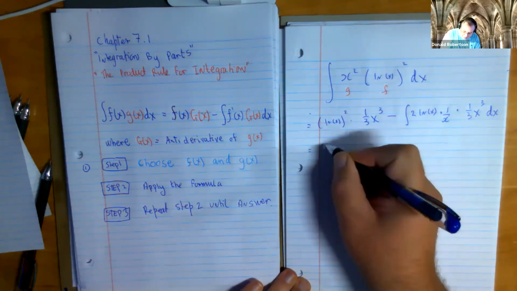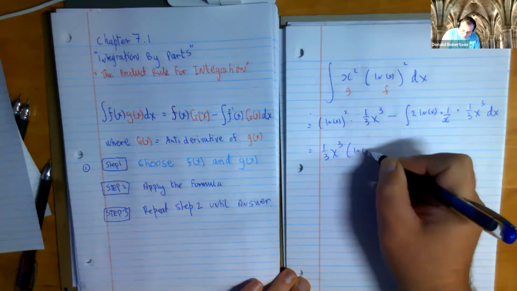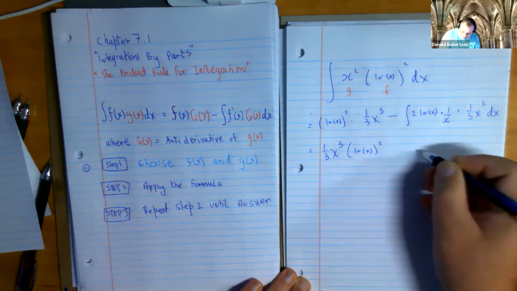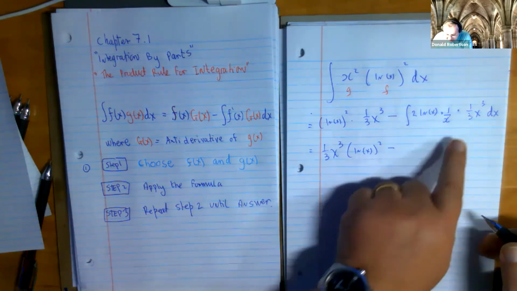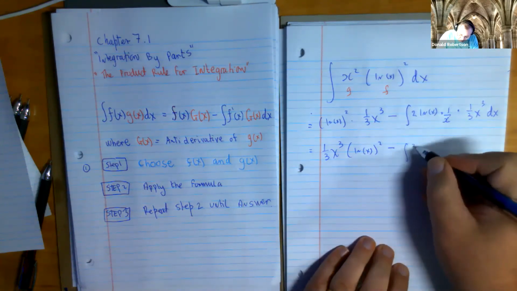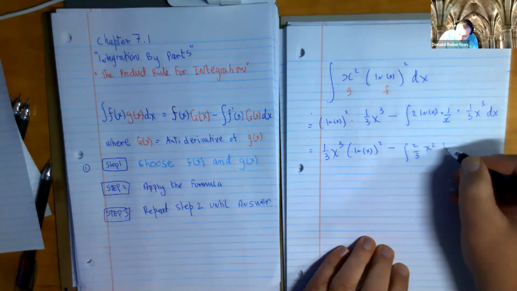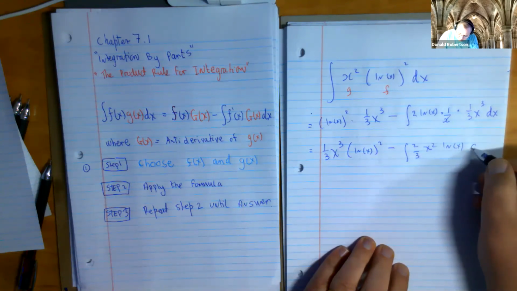So we now have 1/3 x cubed, the natural log of x squared. Take away, cancel one of these x's, put these guys together, and I end up with 2/3 x squared log x dx.